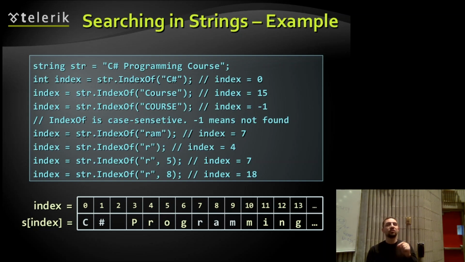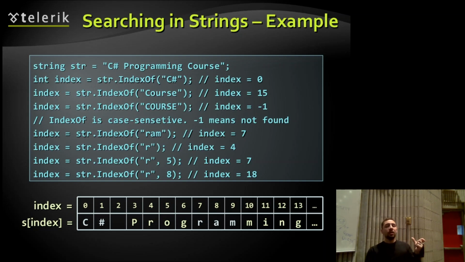Index of course, all capitals. Problem with this is it's case sensitive. It means it cares. A capital O is not the same as a lowercase o. So when it cannot find something, it returns -1. So that third example there of index of returns -1.